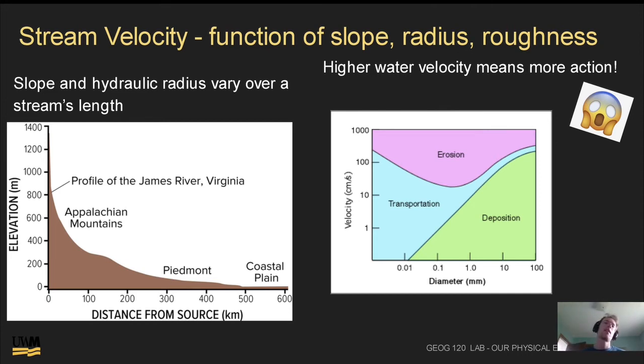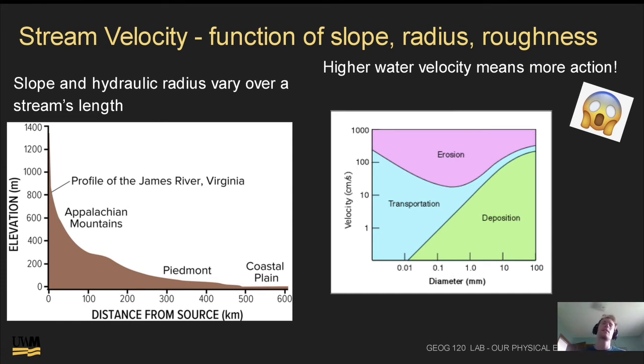and gradually, as a stream works its way through the system, oftentimes the elevation becomes slower, but the hydraulic radius becomes larger as more and more tributaries feed into larger order streams.